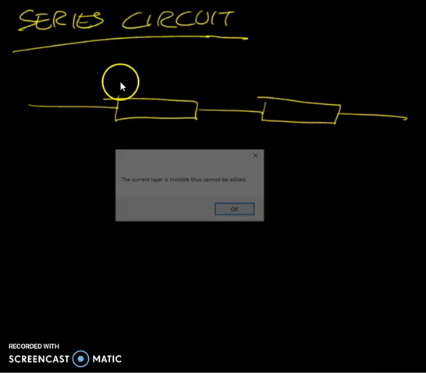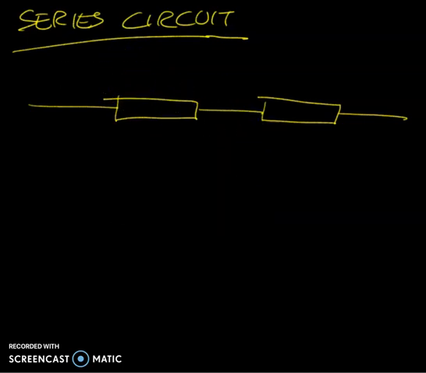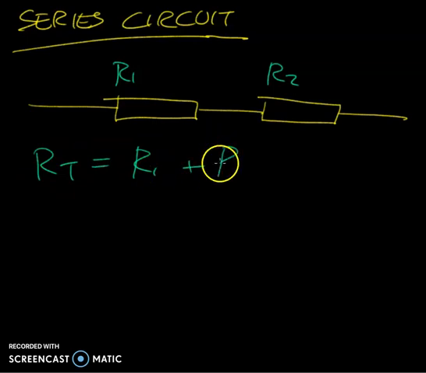So we've got our two resistances, R1 and R2. Now the formula was RT equals R1 plus R2, and let's give these some values.